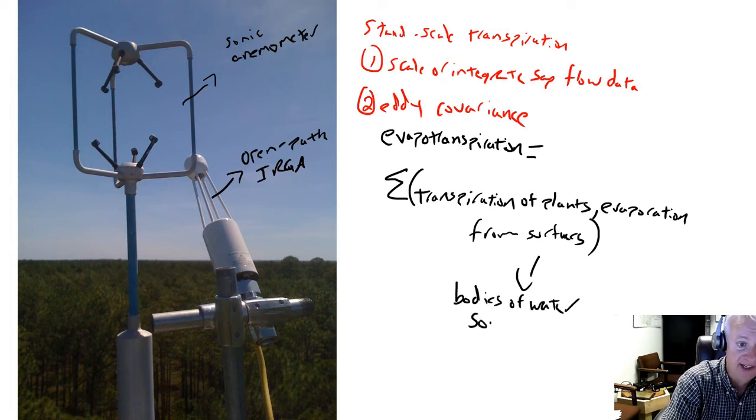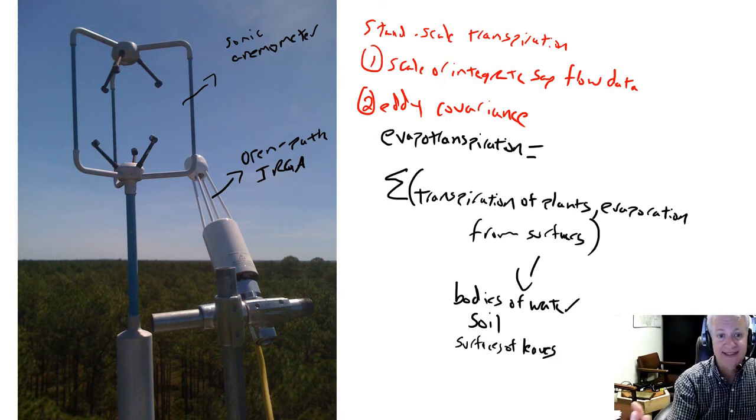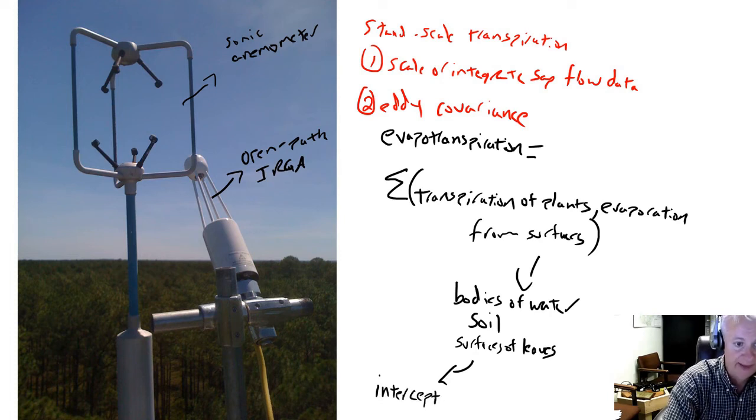It could include evaporation from the soil. It could include evaporation from surfaces of leaves. So after a rainstorm, for instance, or after dew, leaves are wet, and that water evaporates, and that would be measured by a system like that. That last one, evaporation of water from leaf surfaces, if it's rainwater that's being evaporated, would be termed interception loss.